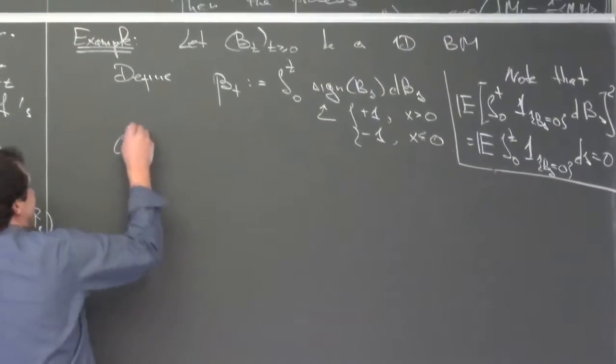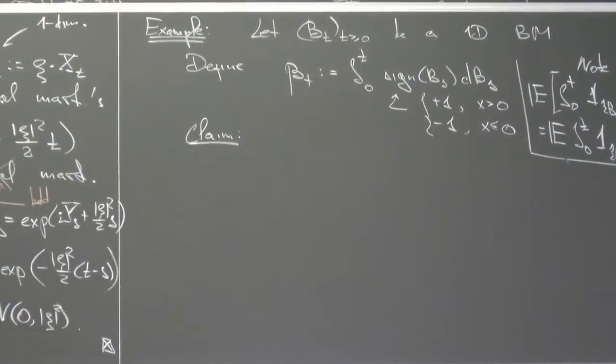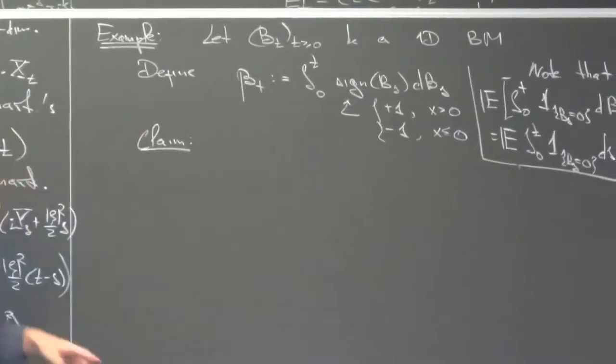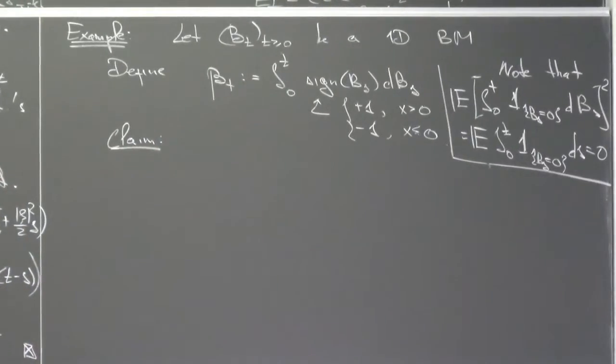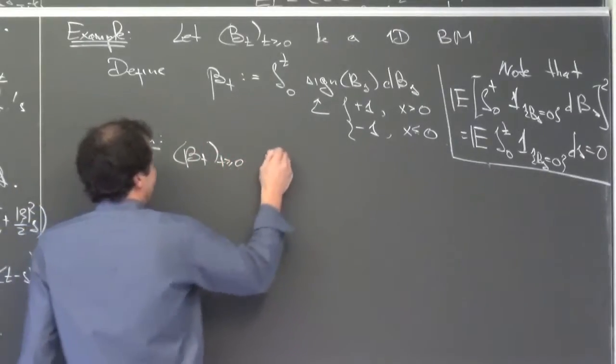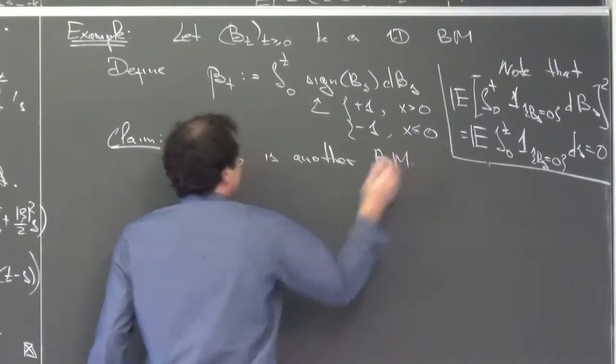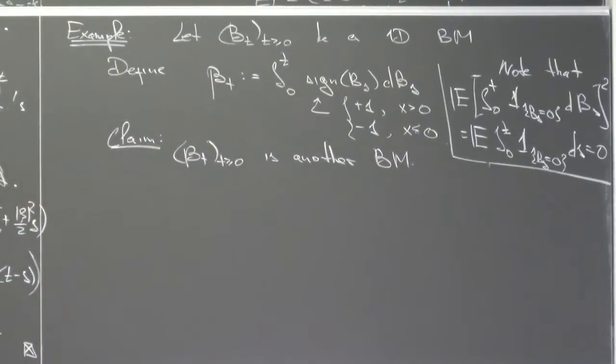Then, simple claim is that beta t is again a Brownian motion, which is defined on the same filtration.